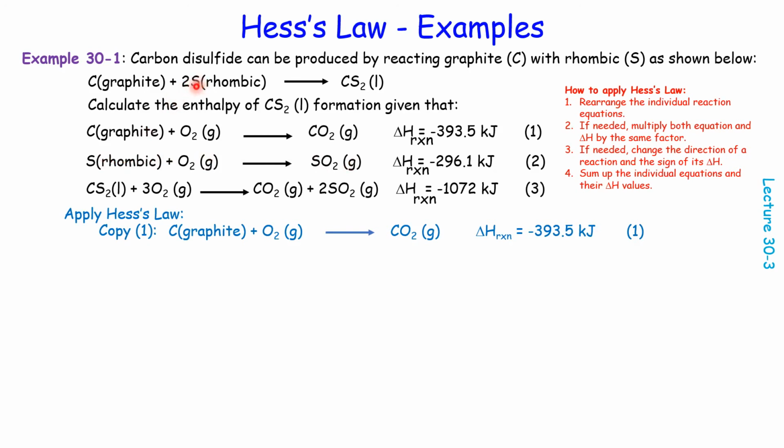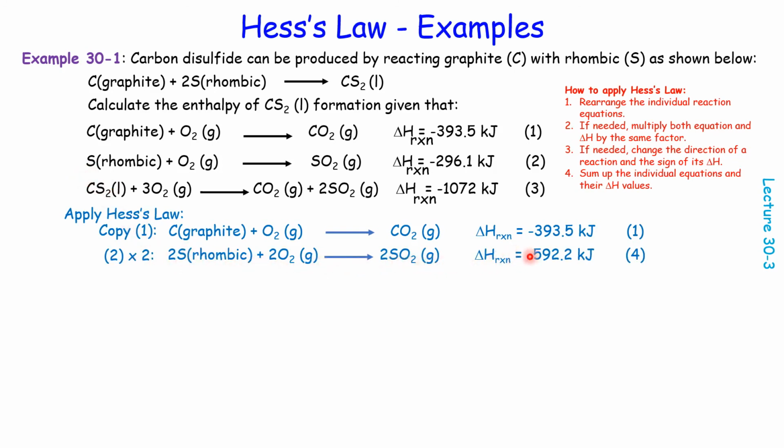However, in the desired reaction, that's 2S, and here is just 1S. So what should we do when we modify equation 2? We need to multiply equation 2 by a factor of 2. Okay? So 1S becomes 2S, and so on and so forth.